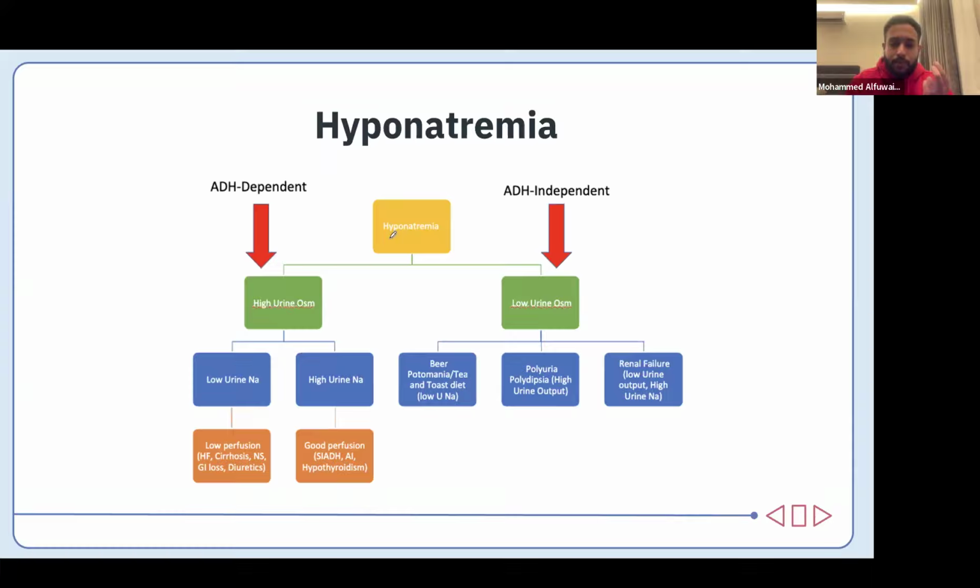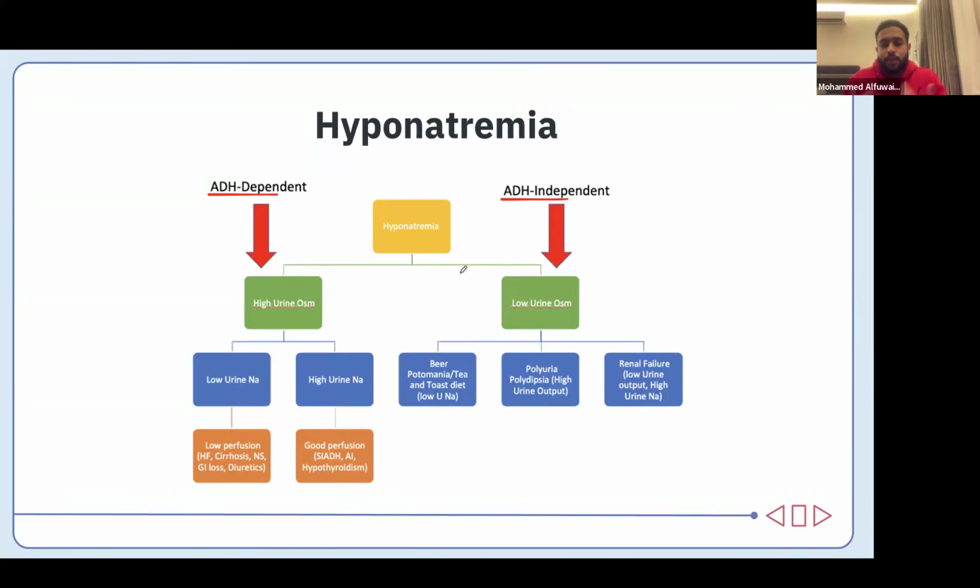The thing that you need to figure out next is, is this hyponatremia mediated by ADH or not? Okay? How do you know this? In the case where you have ADH present, what is the function of ADH? It will reabsorb fluids from the tubules, okay? So you'll have water retention.